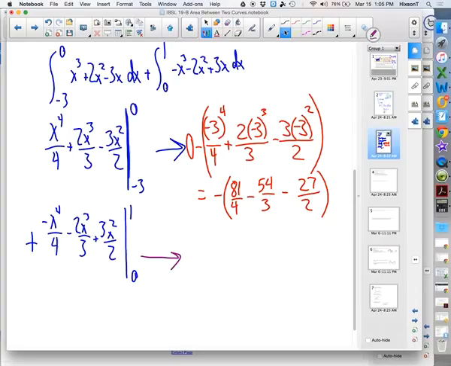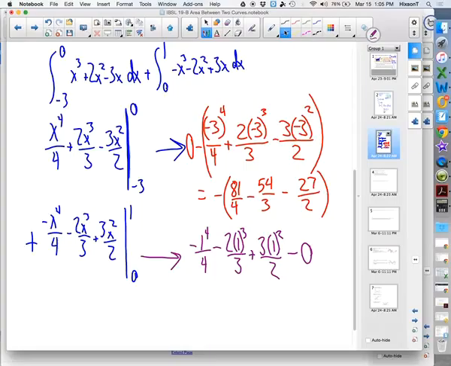So it's going to be it evaluated at 1, so negative 1 to the 4th over 4 minus 2 times 1 cubed over 3 plus 3 times 1 squared over 2, and then minus this evaluated at 0, which we said was 0.